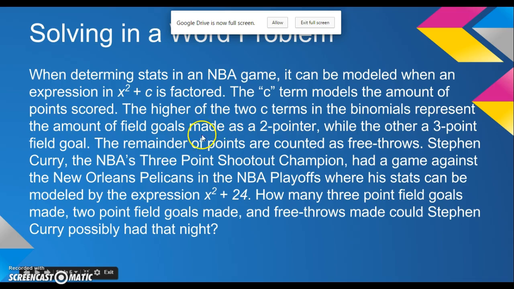So first, the higher of the two binomial terms, c terms, will be counted as a two-point field goal. So now, if you do the math, remember you have to times the higher number by 2, because of 2 points, and the lower one, once you get it, will be times 3 because of the 3-point field goal.